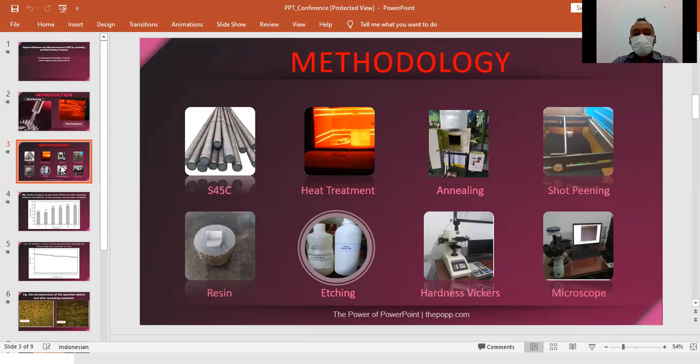The furnace is set to a temperature of 900 Celsius, held at the temperature for 15 minutes, and cooled in the furnace for about 24 hours.